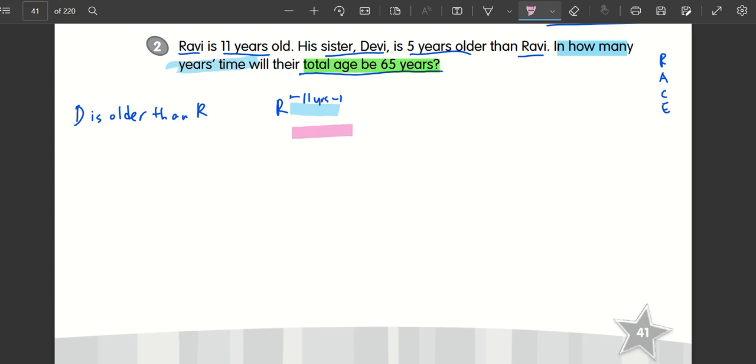Okay, that's better. So I have Devi, and the difference in age is 5 years.